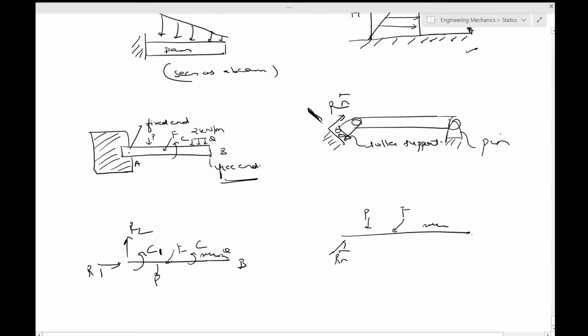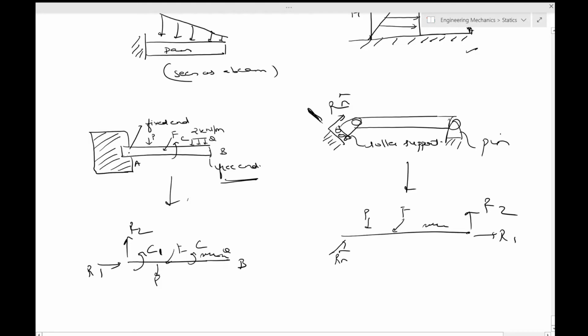So pin will only allow R1 and R2. This is a fixed end, so it will not allow a rotation, but a pin, as you know, allows a rotation but not any translation. So these are some possibilities, and there are other situations as well.